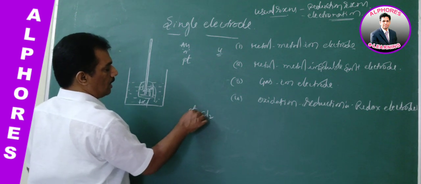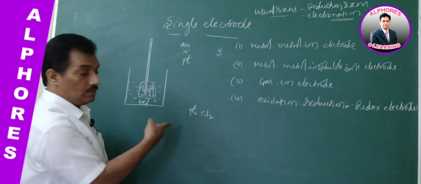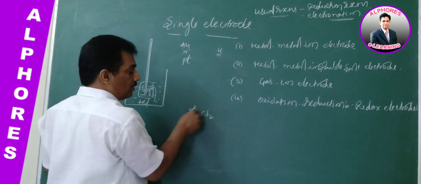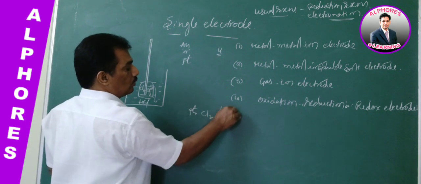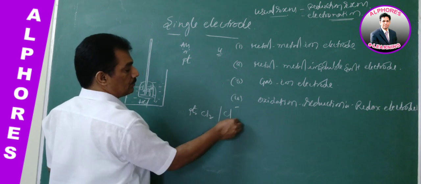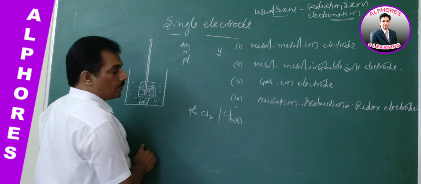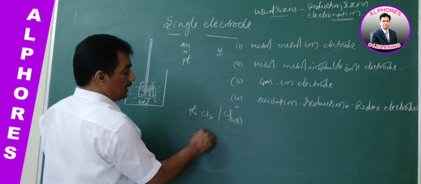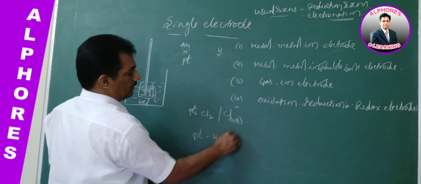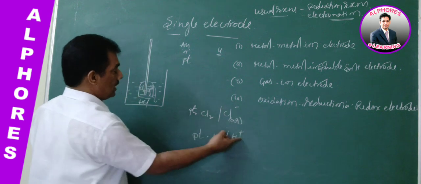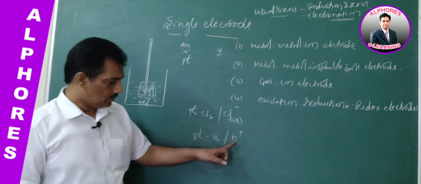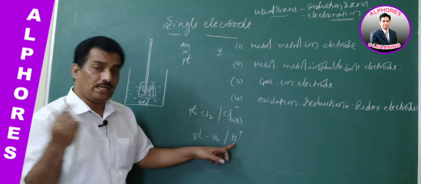Platinum, we know how to represent this. With the help of a platinum inert electrode, chloride ion is present, chloride aqueous. Or we can consider hydrogen also, but the story is different. In hydrogen, instead of the anionic part, hydrogen exists in the cationic part.